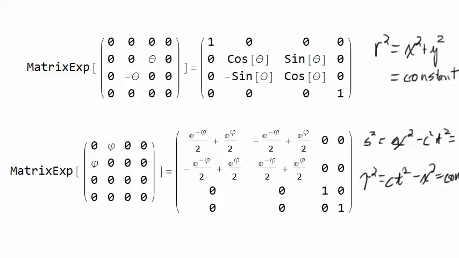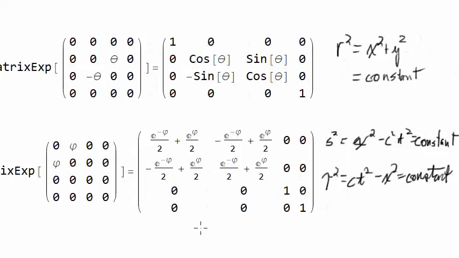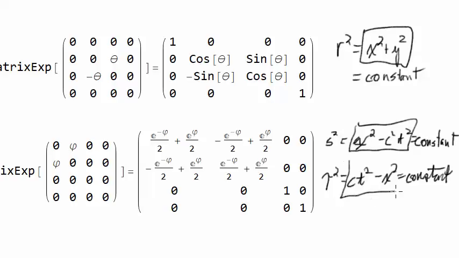So these rotation transformations conserve x squared plus y squared, but these conserve either x squared minus c squared t squared or c squared t squared minus x squared.